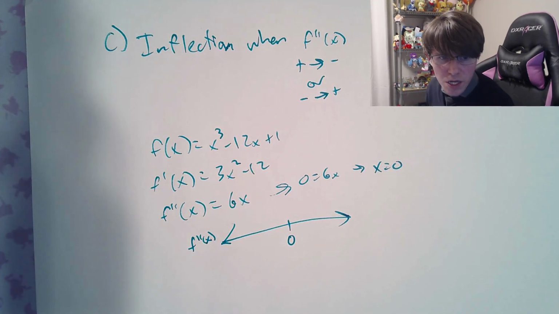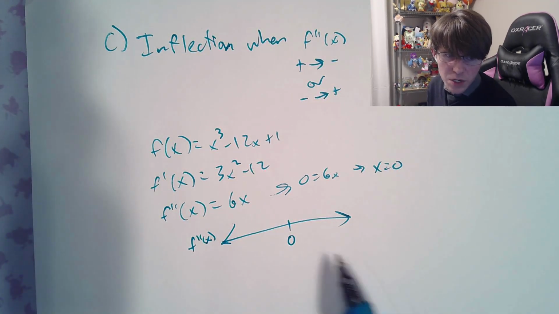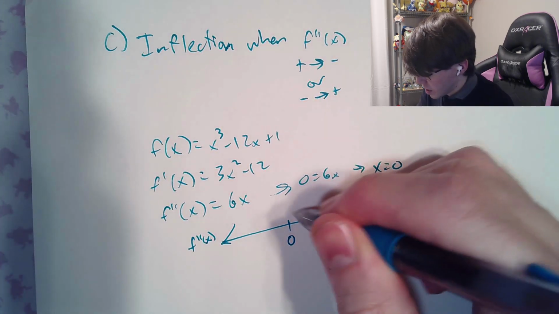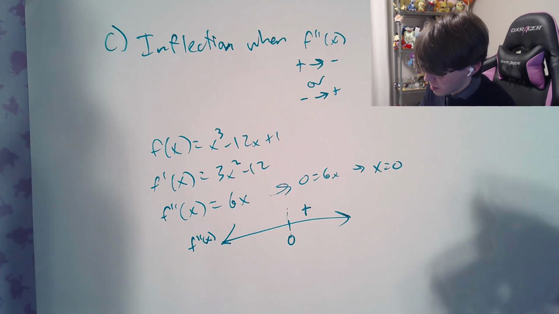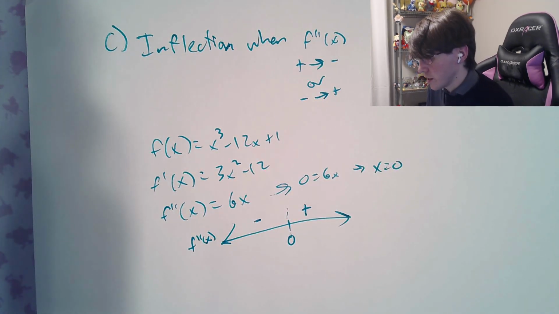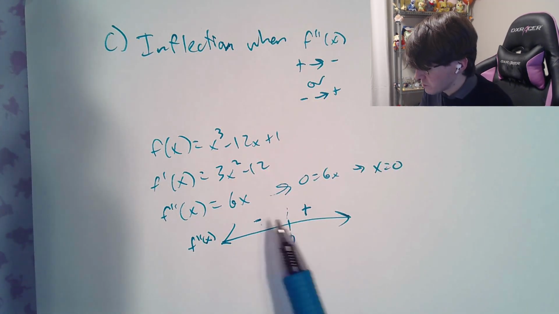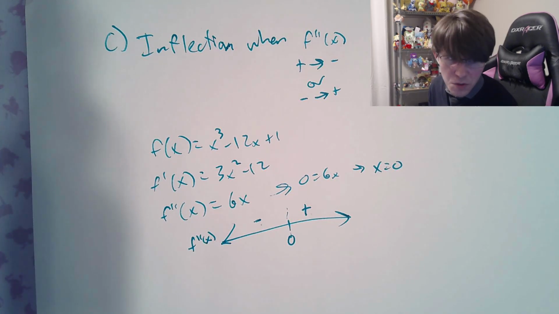And it's super obvious because it's a really boring straight line: it's concave down on the left and concave up on the right. Because it changes sign from negative to positive, there's an inflection point at 0.